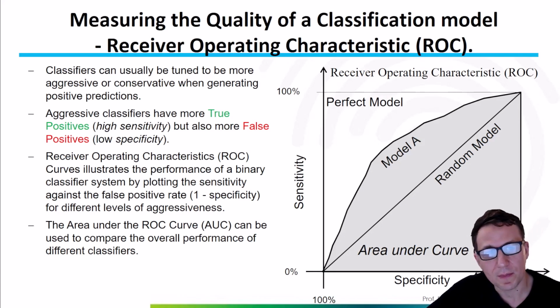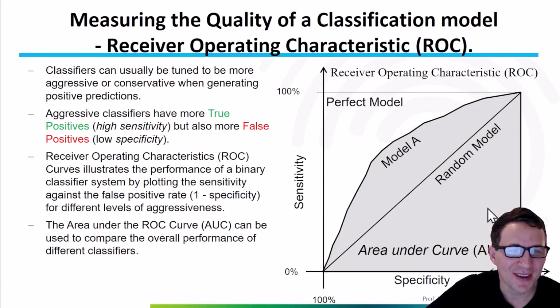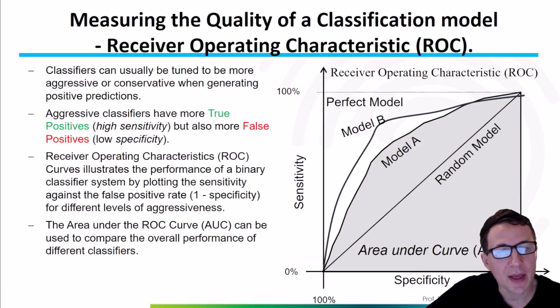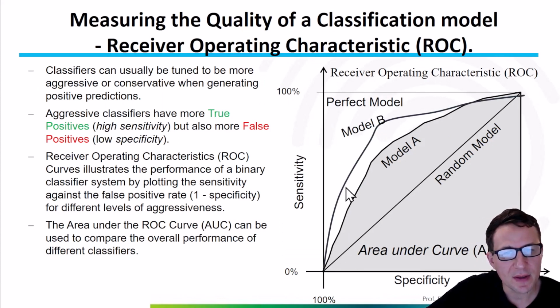So a random model would give us this ROC curve here. It's just in the middle of the two, and it gives us an AUC of 0.5. The model A has actually learned something. It's definitely above the random line. And an even better model would be model B. You see, for a given specificity, you get a much higher sensitivity.